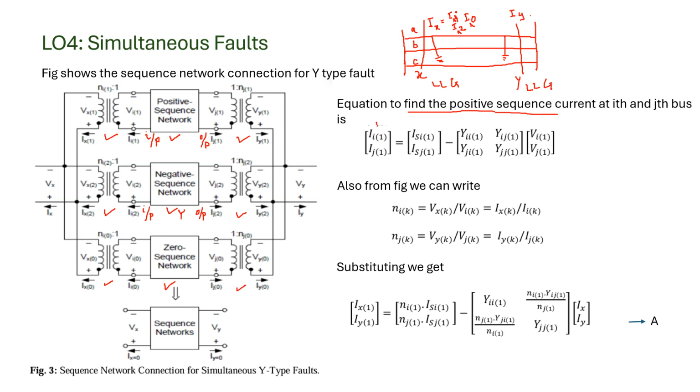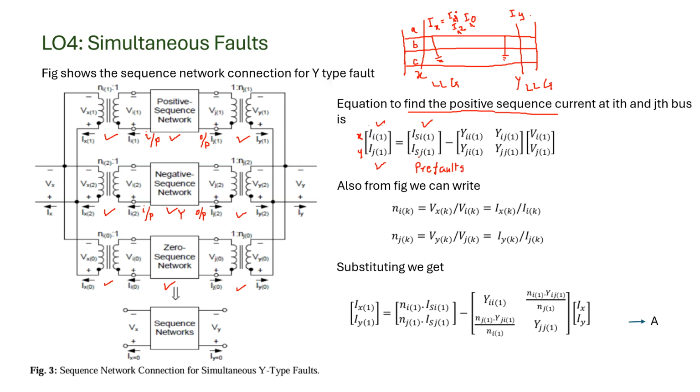So Ii1, Ij1 indicates the positive sequence current at the two fault locations, X and this is Y. Now what does this vector indicate? This vector indicates the pre-fault currents. This indicates the pre-fault currents.